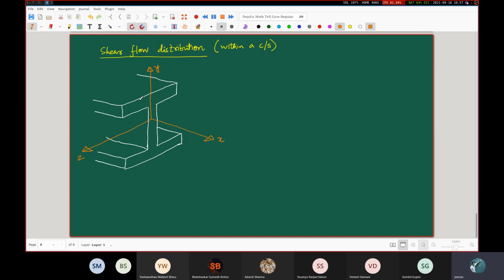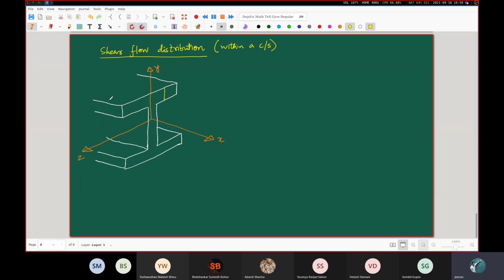All right. Now, what I want to do is take a vertical cut at some distance away from this vertical edge of the flange. So I will take a cut here and separate out a little chunk from this corner.